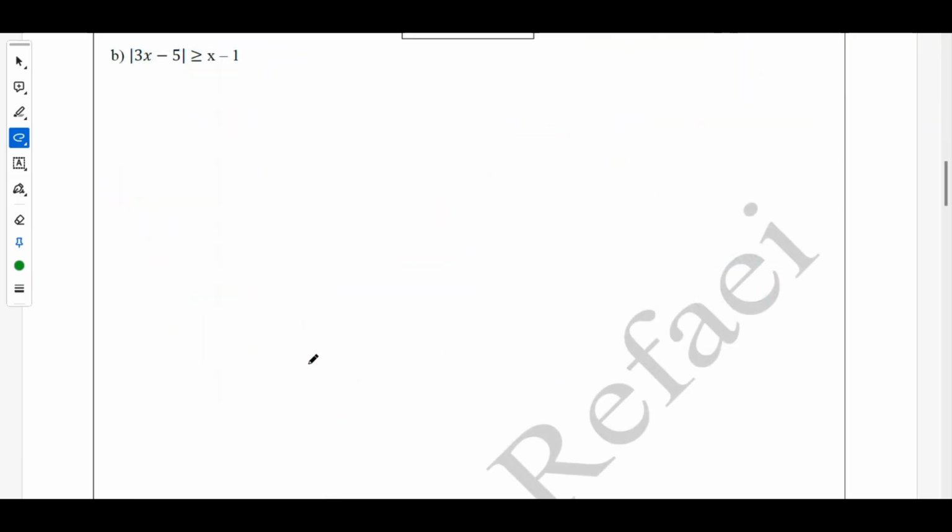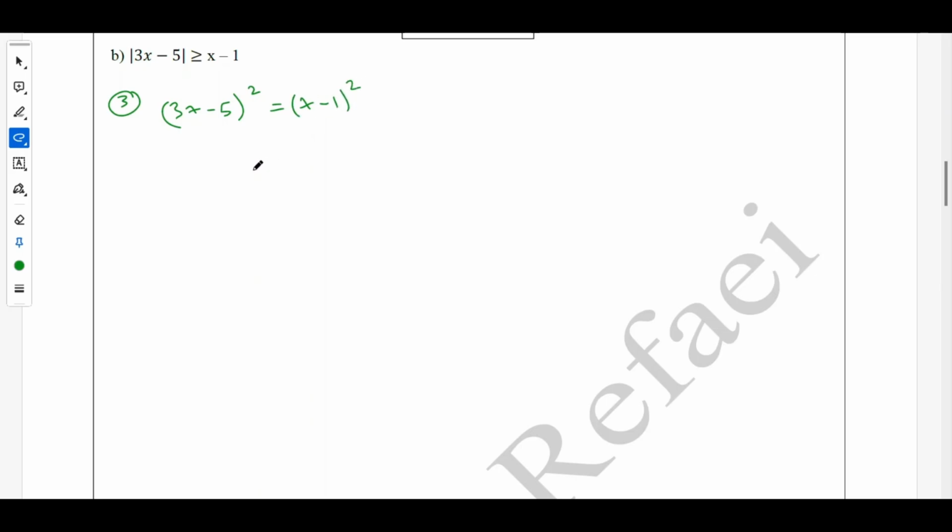Example B: modulus 3x minus 5 less than or equal to x minus 1. Let's use method 3, the squaring method. 3x minus 5 squared equals x minus 1 squared.